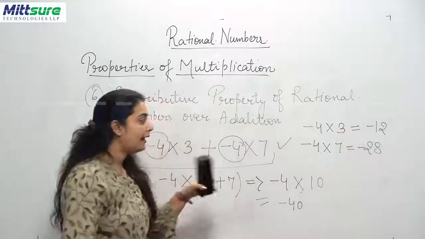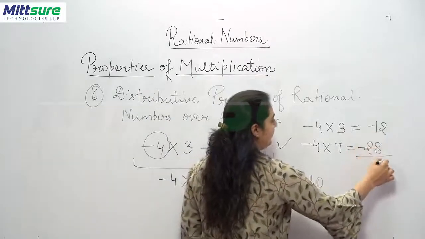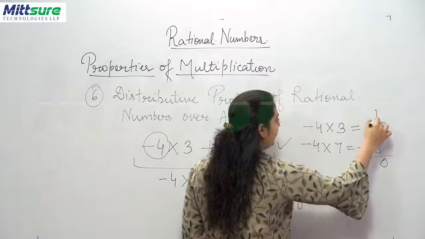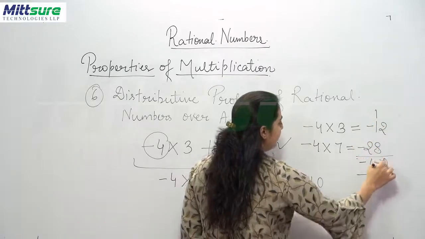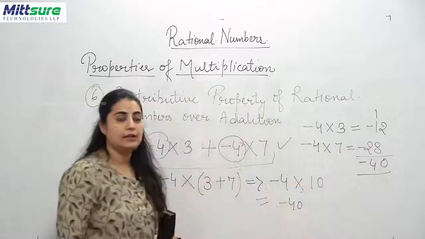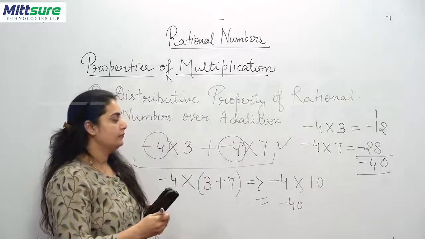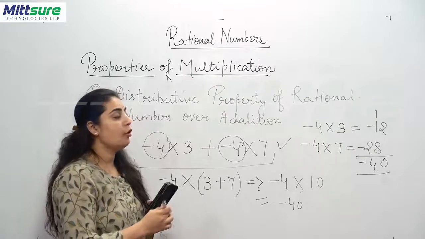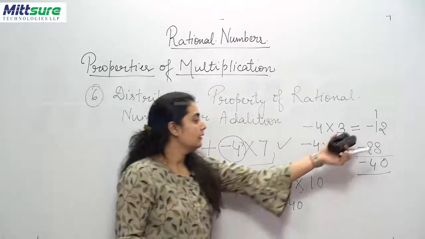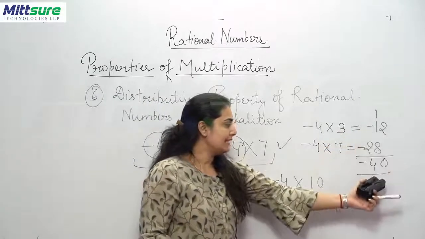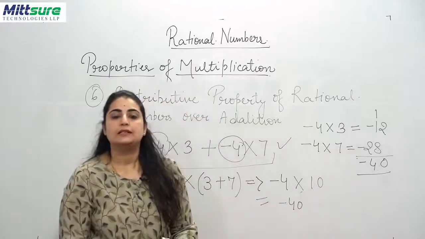Now, when you add these two, what are you going to get? 2 and 8, 10, 1 carry. 2 and 2, 4. And the negative sign as it is. Because when you add two negative numbers, or two numbers with the same sign, the addition of the two numbers takes place and the sign of the greater number is given to the sum.